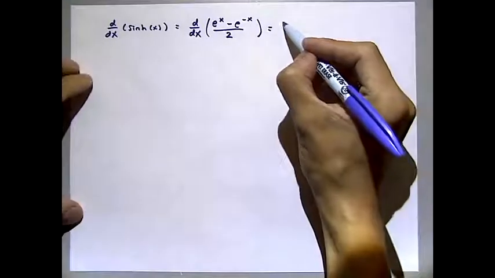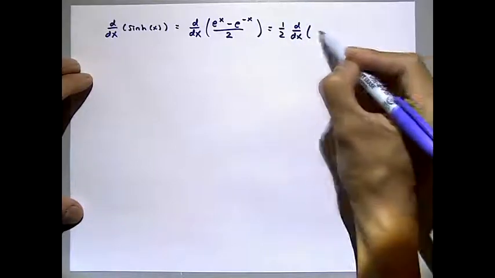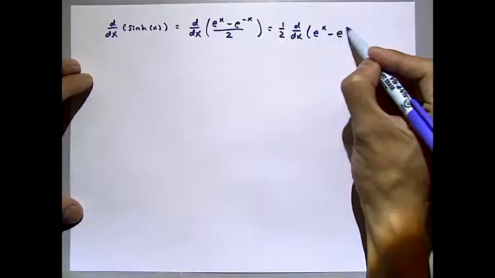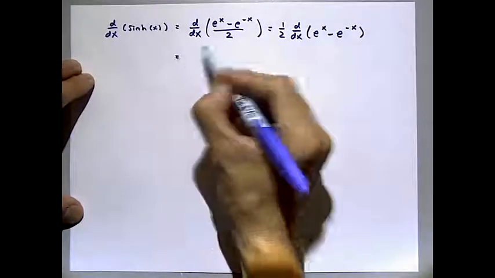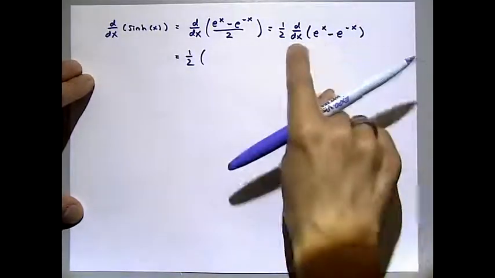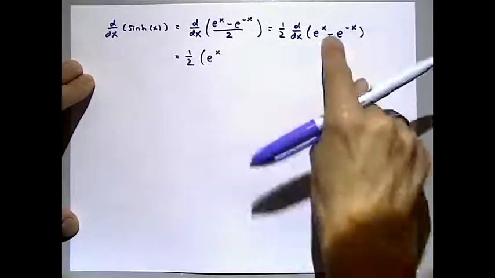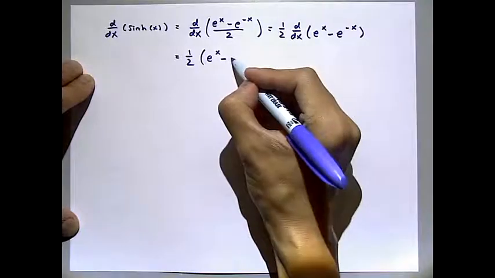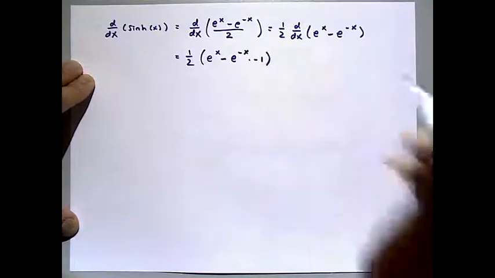Which is the same as 1/2 times the derivative of e to the x minus e to the minus x. Continuing with this, the derivative of e to the x is e to the x, minus the derivative of e to the minus x, which is e to the minus x times minus 1. Remember the chain rule.